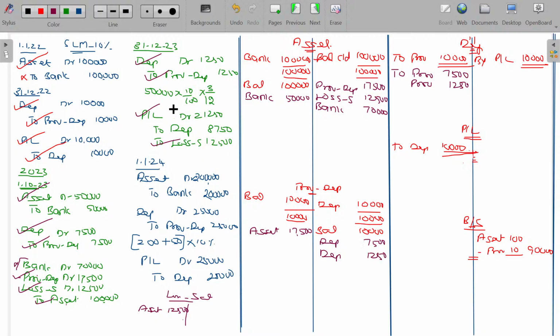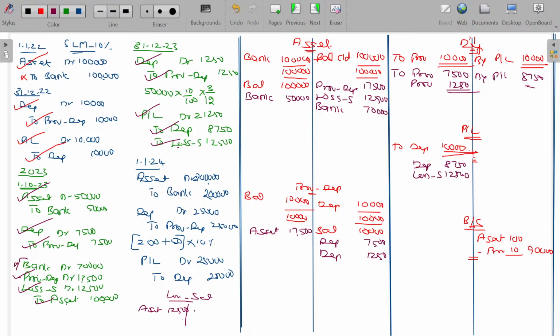In P&L account, we have the depreciation 8,750. Loss on sale 12,500. In depreciation by P&L account 8,750. This is closed.